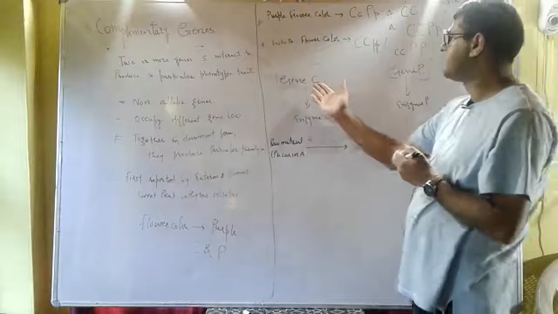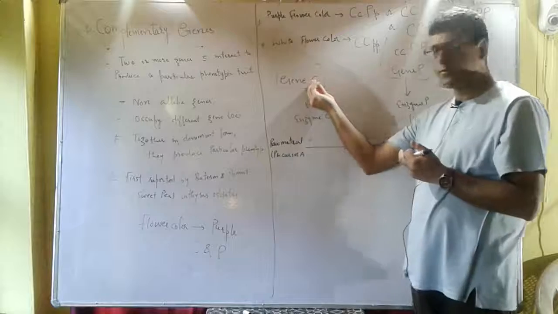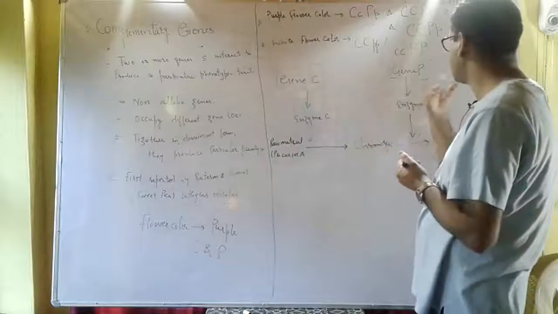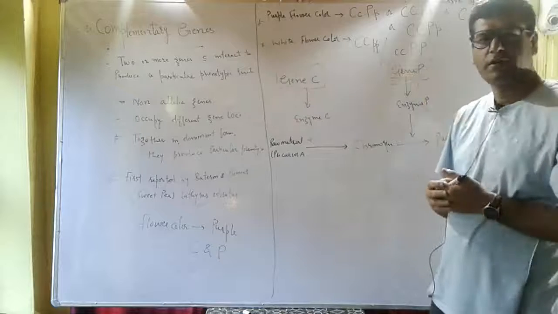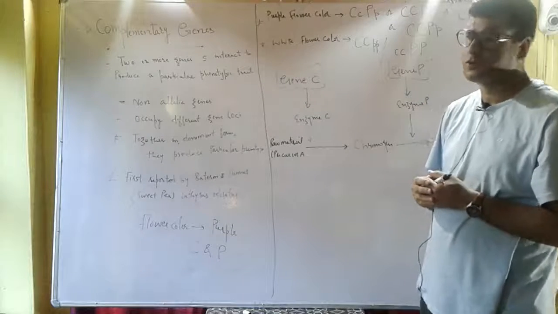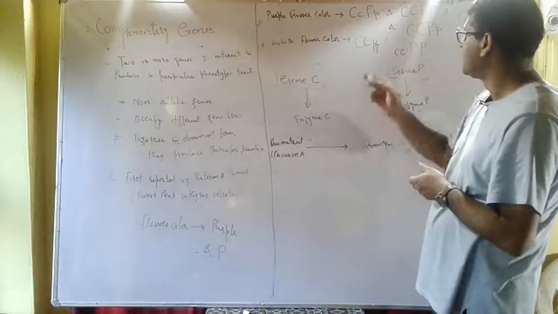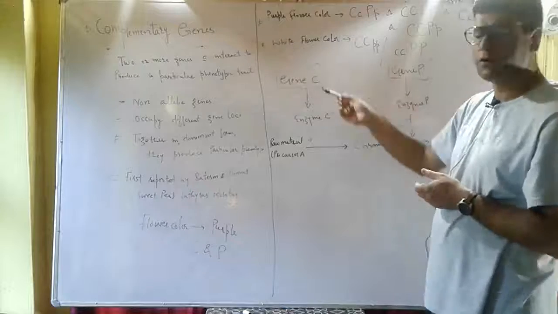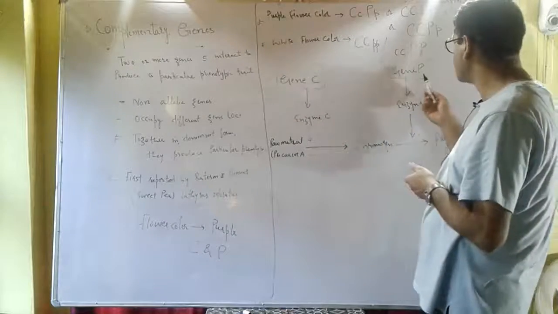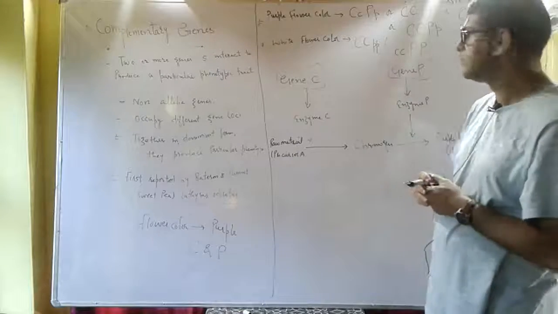If the dominant form of gene C is absent, or if the dominant form of gene P is absent, then the particular phenotype does not appear. That means in case of sweet pea, if the dominant form of gene C is absent, then the flower color is white. If the dominant form of gene P is absent, then the flower color is also white.